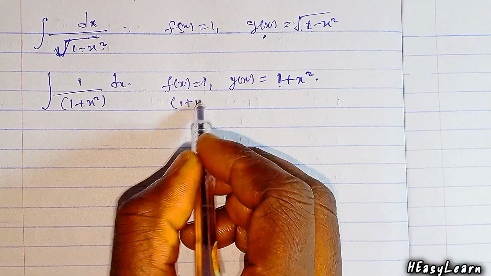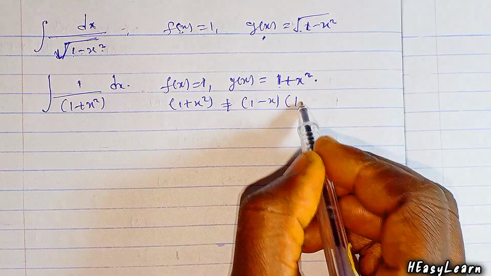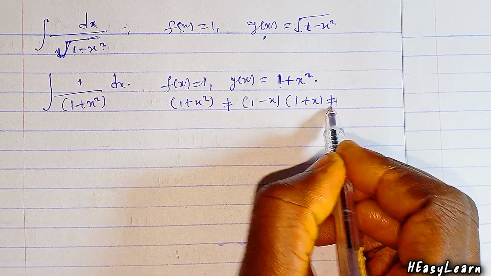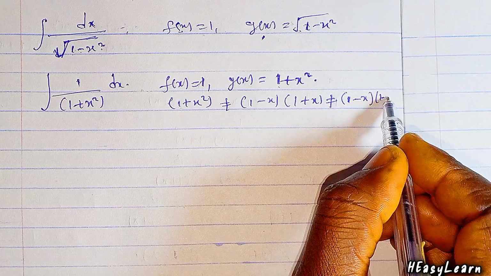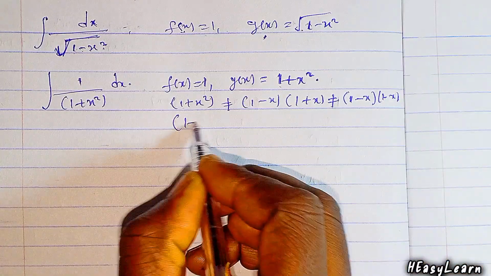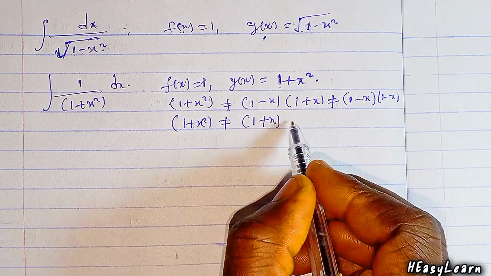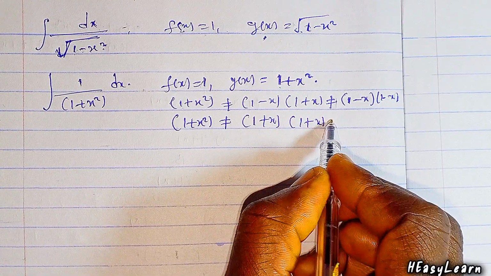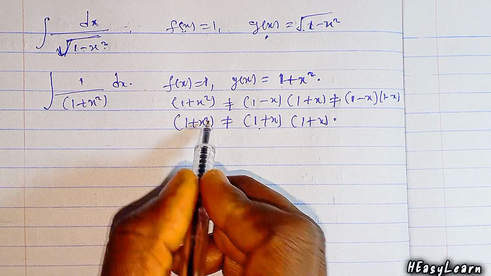In this case, 1 plus x squared is not the same thing as 1 minus x, 1 plus x is not the same thing as 1 minus x. Again, 1 plus x squared is not the same thing as 1 plus x, 1 plus x, because if you open this bracket, it's not the same thing as 1 plus x squared.